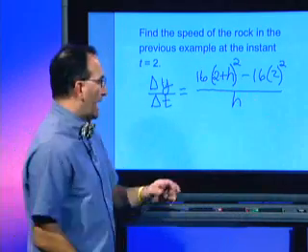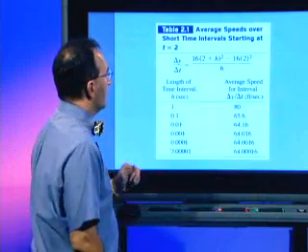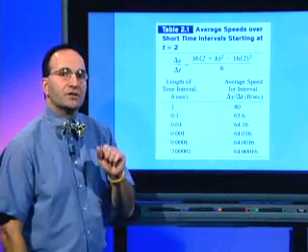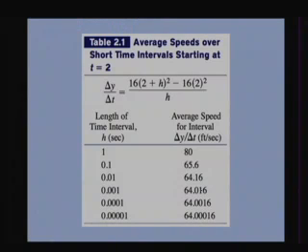Now let's look at the following table that will help us to see what happens as h approaches 0. Starting with h equal to 1 and then having h get closer and closer to 0, you will see that the average speed for that interval gets closer and closer to 64, or in other words, the same limiting value that we saw earlier.